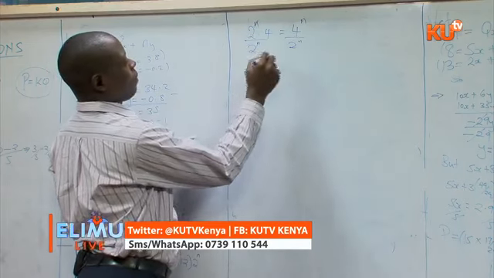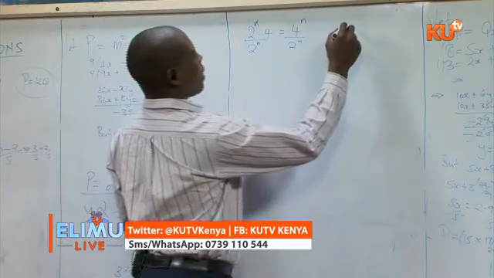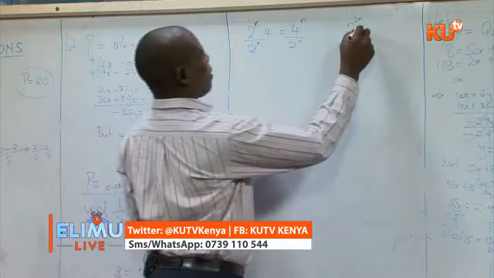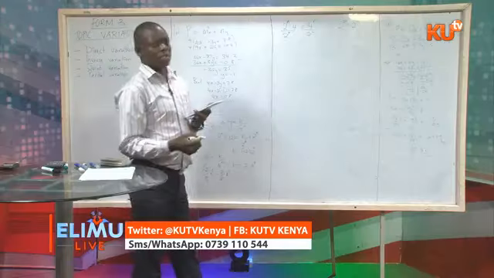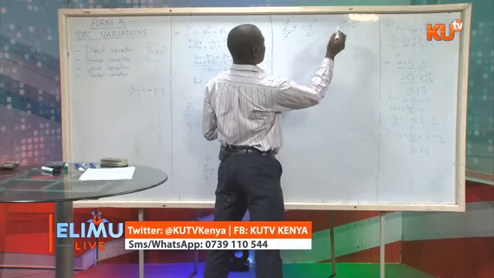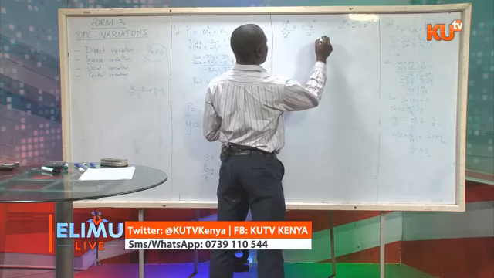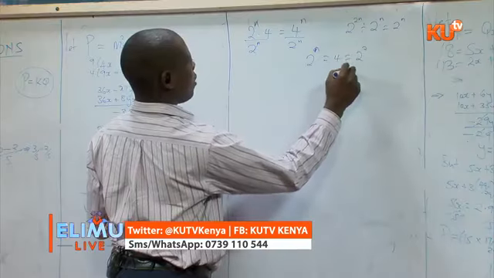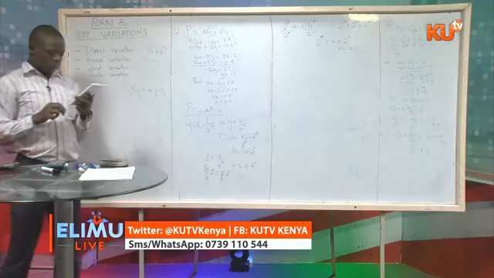This cancels out. And 4 power n is the same as 2 power 2n. Then we divide by 2 power n, so it means we subtract the powers, that is in indices. So we have 2 power n, implying that 2 power n is 4, which is 2 power 2, and so n is equal to 2.